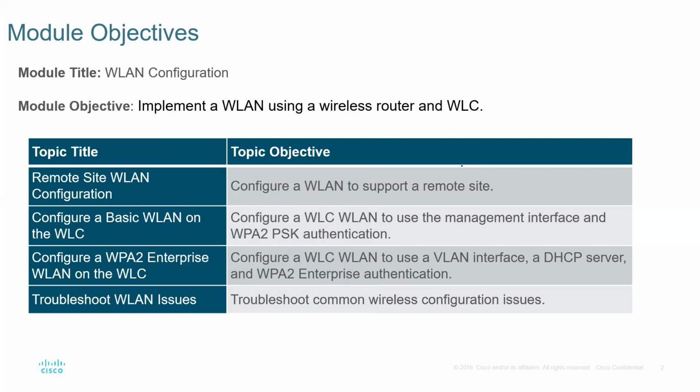We're going to configure a wireless LAN to support a remote site, configure a controller to use the management interface and PSK authentication, configure the controller to use the VLAN interface, DHCP server, and enterprise authentication. Then lastly, look at troubleshooting methods, the methodology of troubleshooting wireless configuration issues.